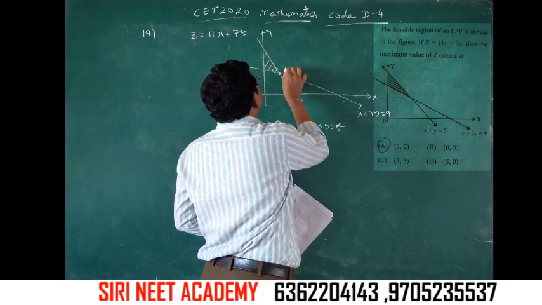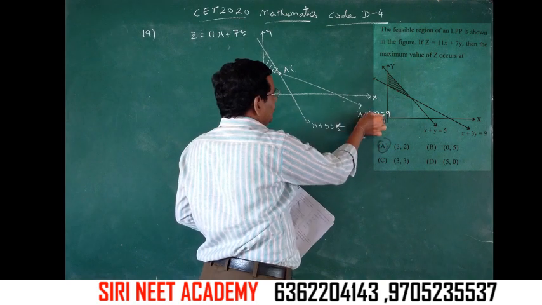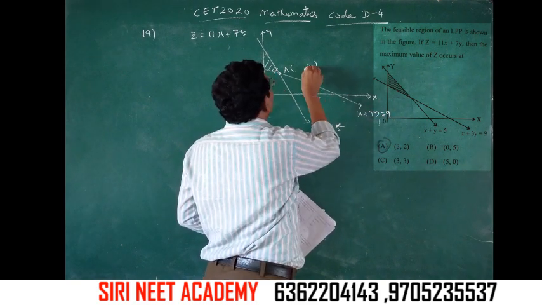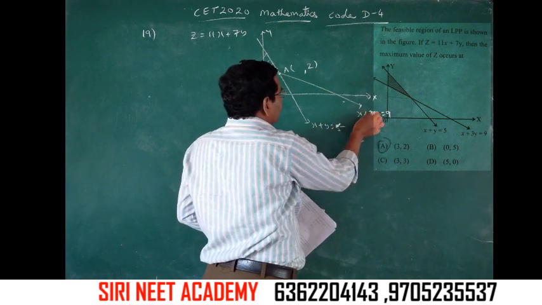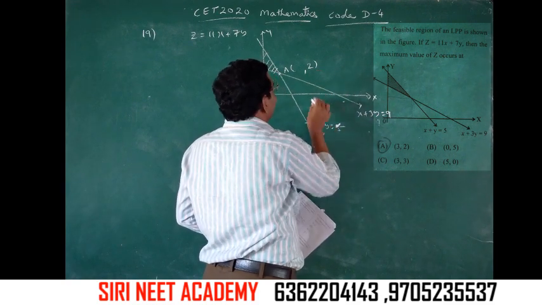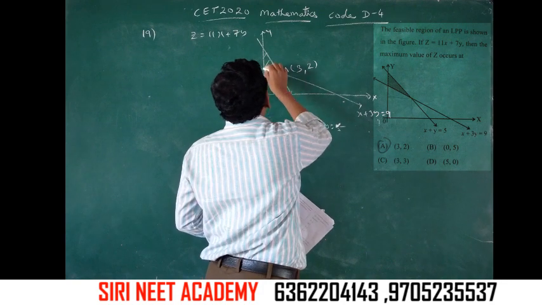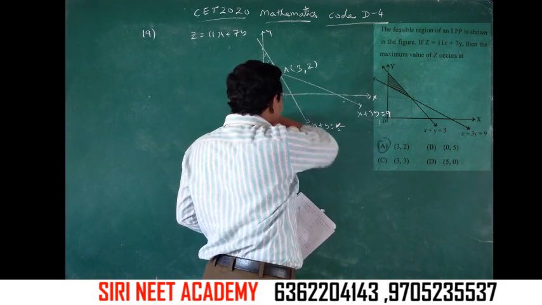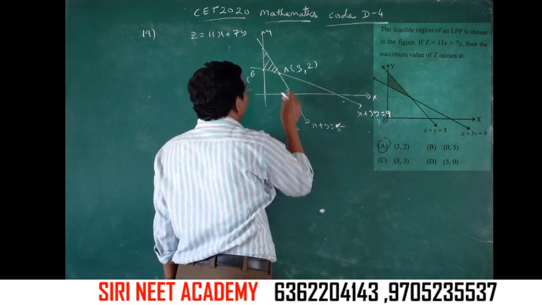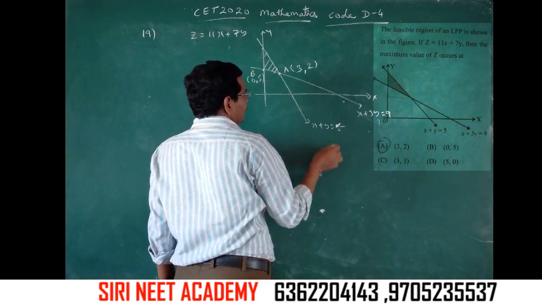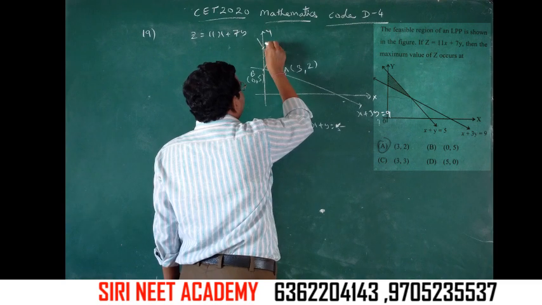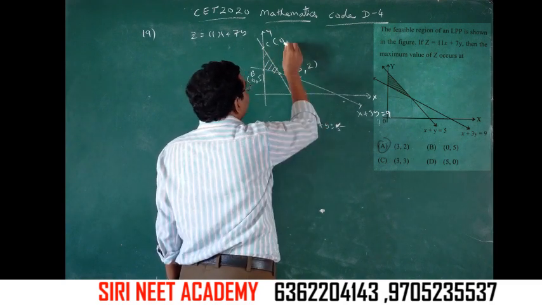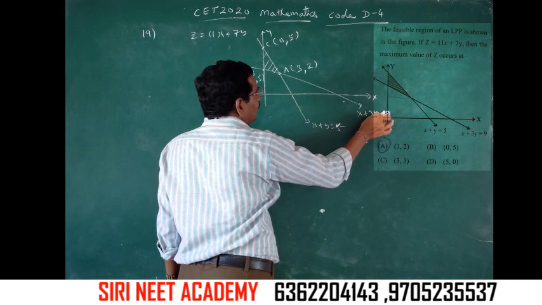Clearly, their point of intersection: subtract these two, 2y is equal to 4, y value is 2. If y is equal to 2, x value is 3. And remaining corner points: at B, x value 0, y value 5. At C, x value 0 and y value is 3.